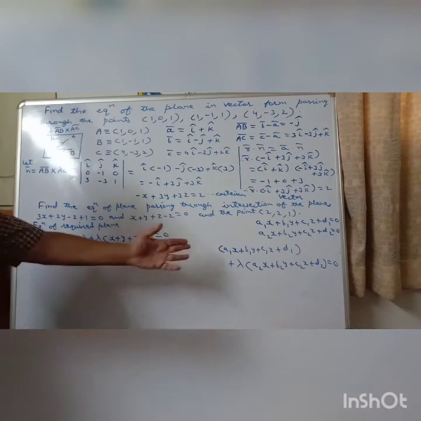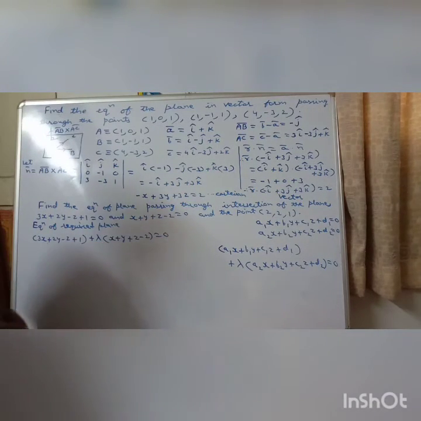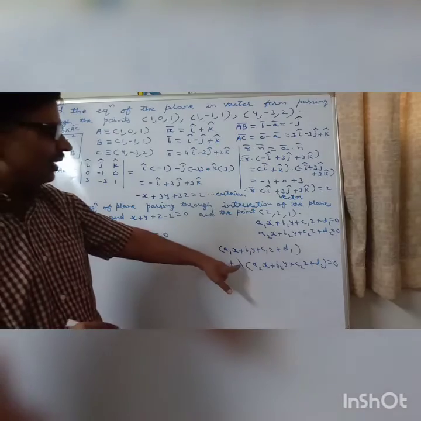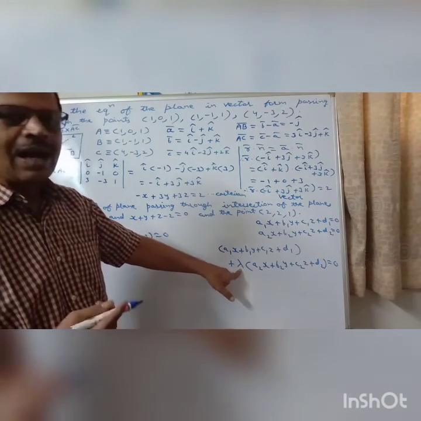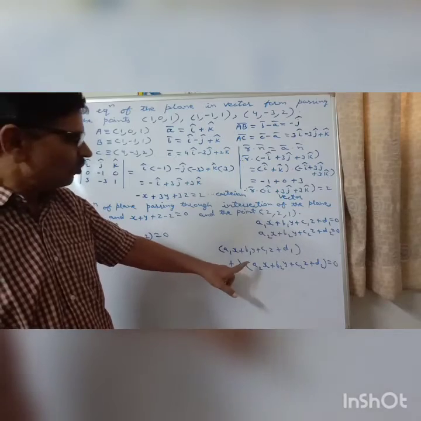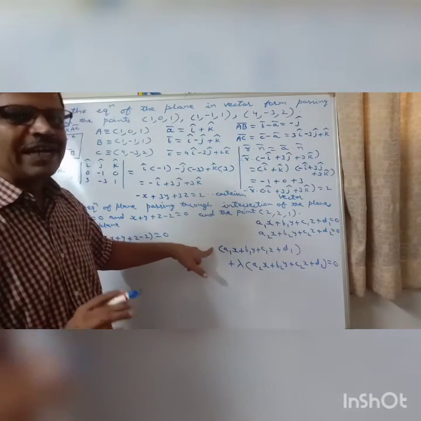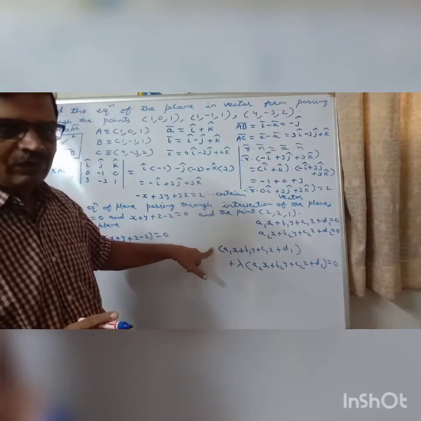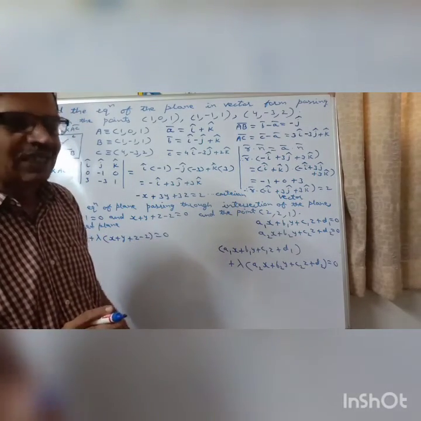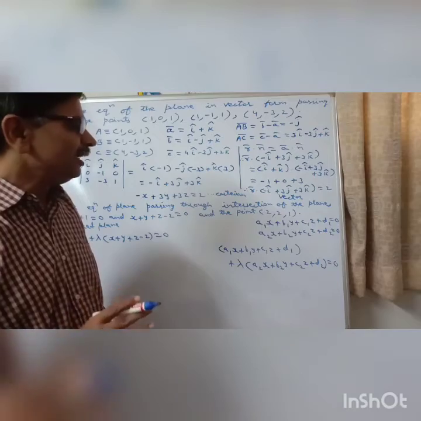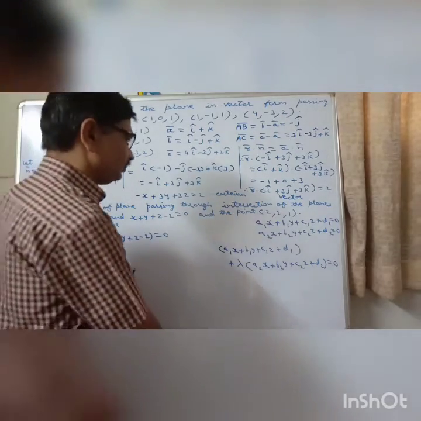In the same form, we have written the equation of the plane. Instead of writing the scalar quantity lambda outside the second bracket, we may write it outside the first bracket also. It does not change the final solution. The final solution remains the same.